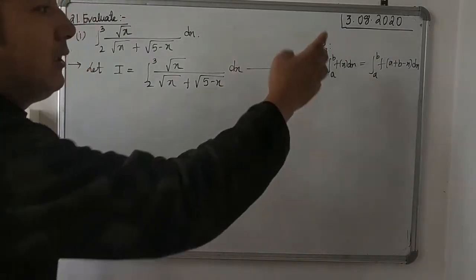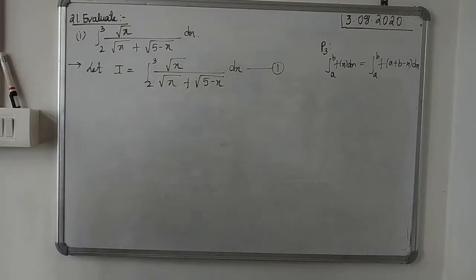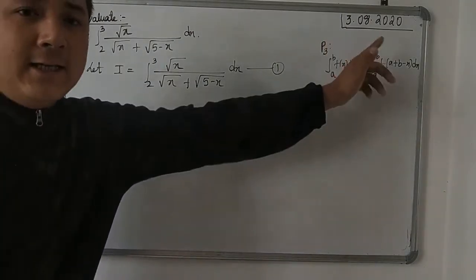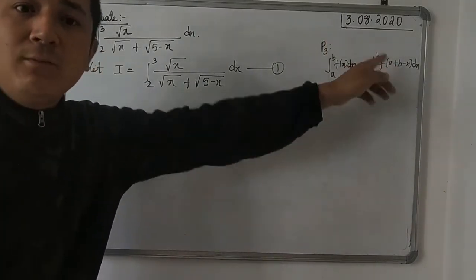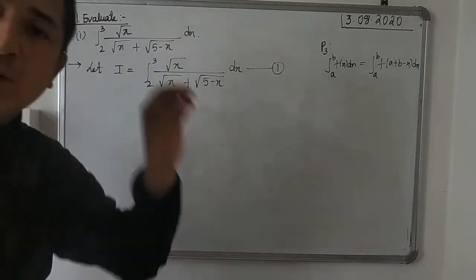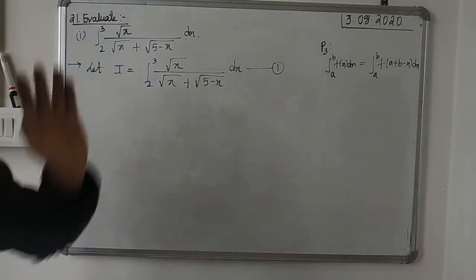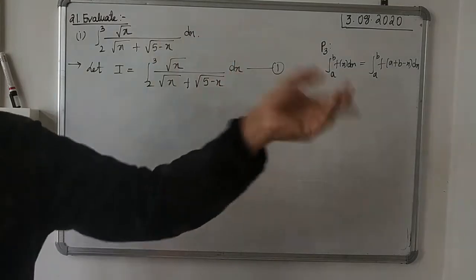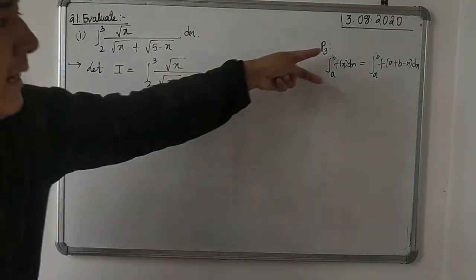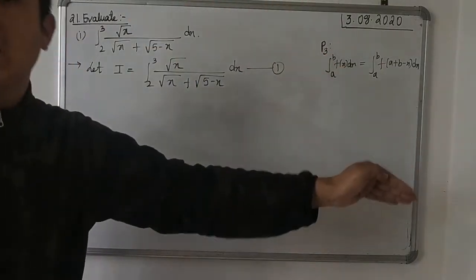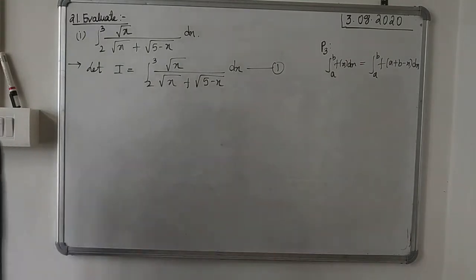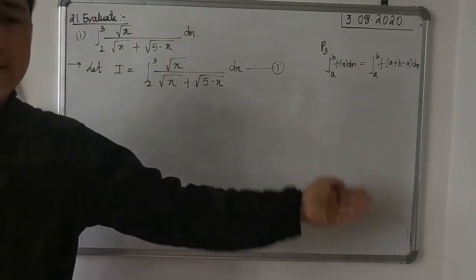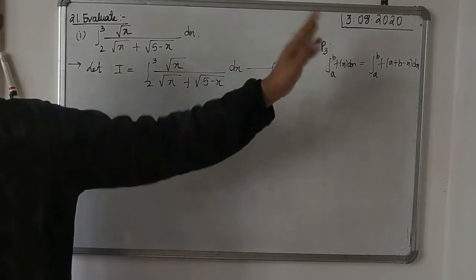Integration of a to b f(x) dx is equal to integration of a to b f(upper limit plus lower limit minus x) dx. The previous one was just upper limit minus x, right? But here you have to add both the limits and then minus x. That's the only difference. Property 4, upper limit minus x. Here, sum of 2 limits minus x.